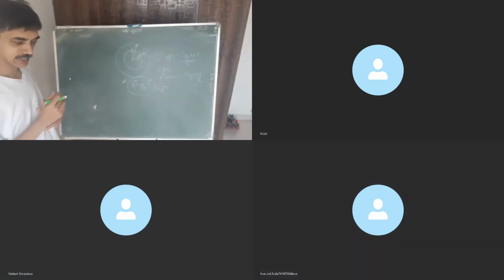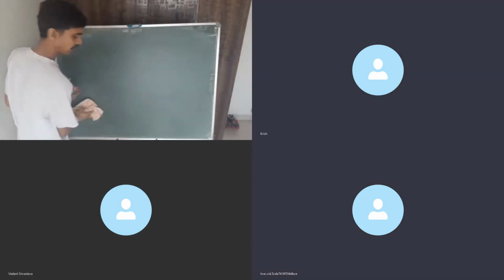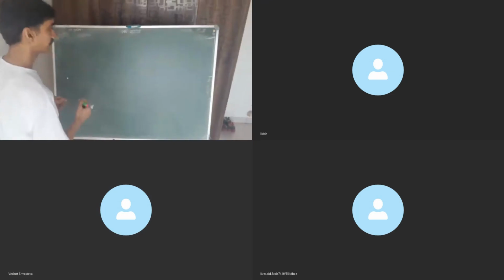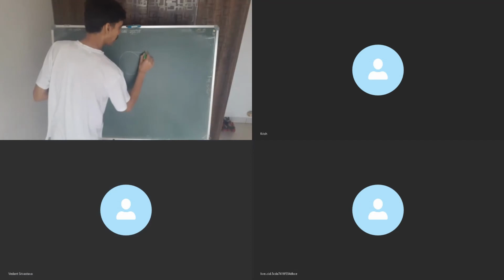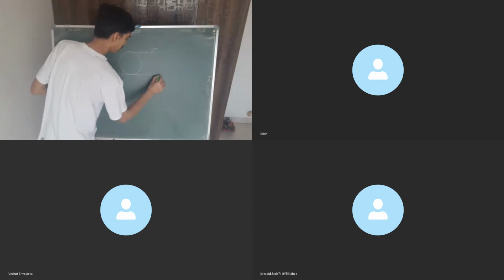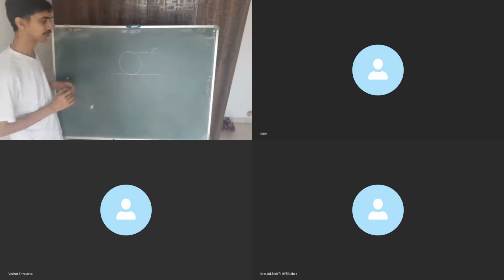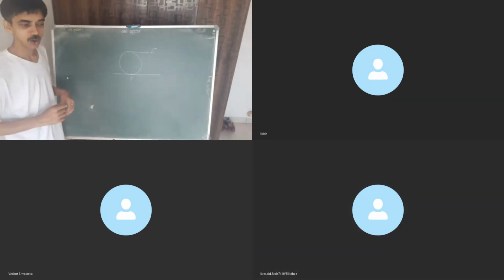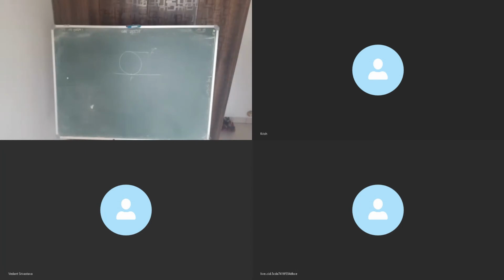As shown in the figure, it is pulled by a horizontal force F. Find the direction of force of friction acting at the point of contact P.